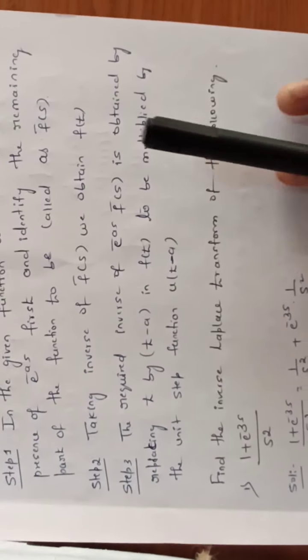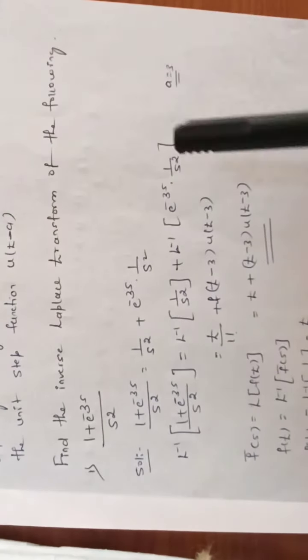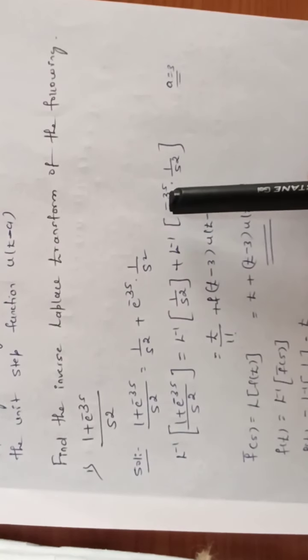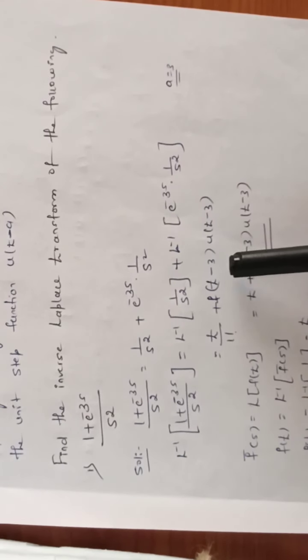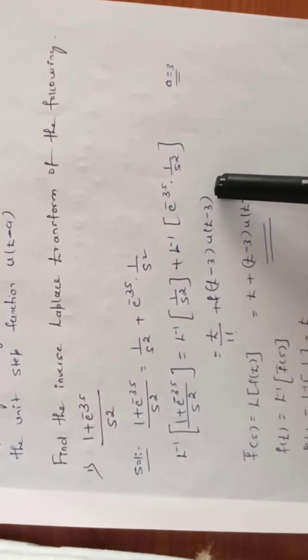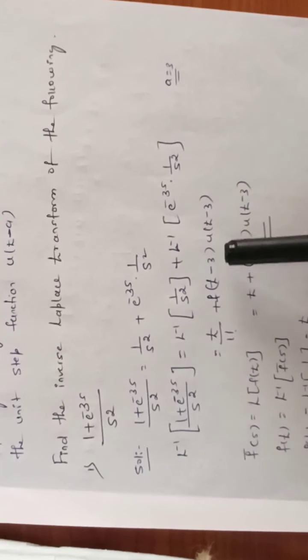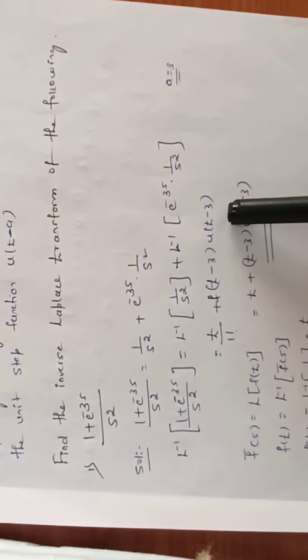In this particular term, the coefficient of s is 3 except for the negative sign, so a is equal to 3, and according to the property we have f of t minus 3 into u of t minus 3.